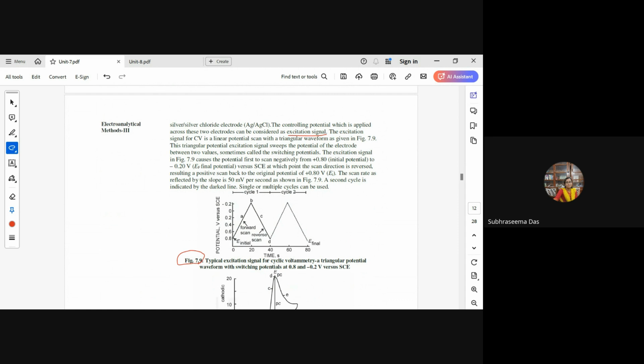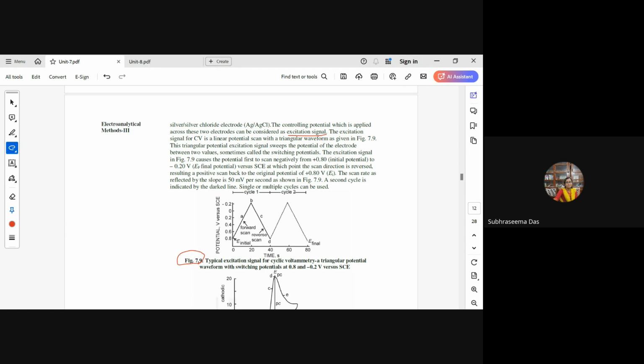This triangular potential excitation signal sweeps the potential of the electrode between two values, called the switching potentials. The excitation signal in figure 7.9 causes the potential to scan from cycle 1 to cycle 2. The scan rate, as reflected by the slope, is shown here.